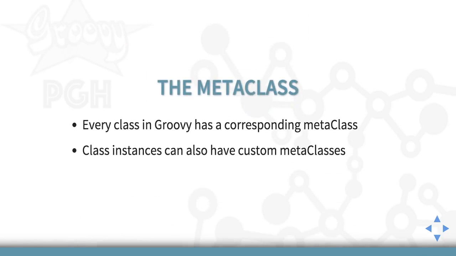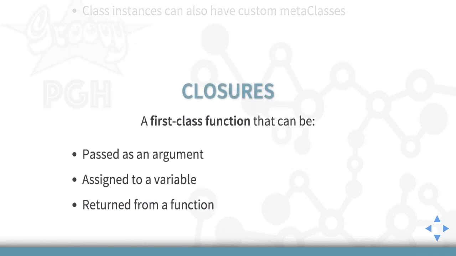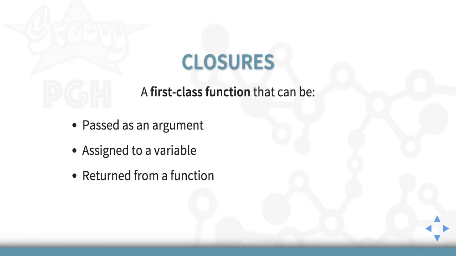And I'm going to just touch on this a little bit, so I'll probably skip this. But closures are important. You can think of them a lot like lambdas in Java 8.